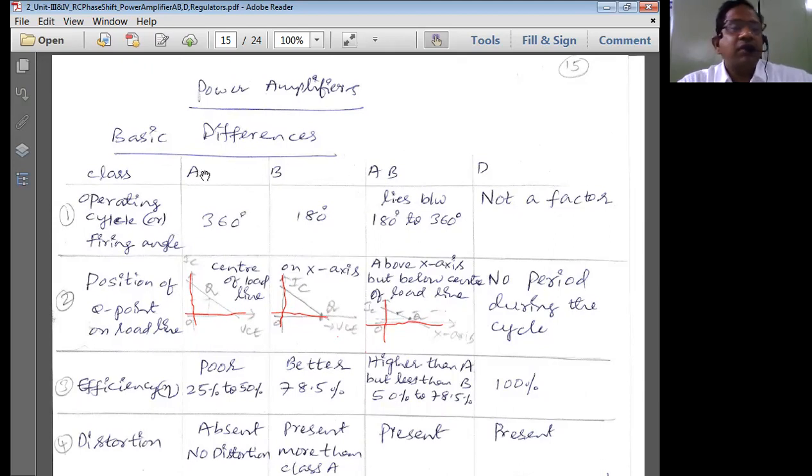Now, what is the meaning of firing angle that we discussed earlier? The meaning of firing angle is that the output collector current is going to flow through 360 degrees of the input signal in the case of class A. That means for the entire input cycle, if the transistor has a current flow in its output terminals, then it is called a 360 degrees firing angle.